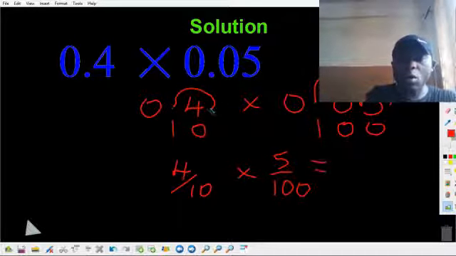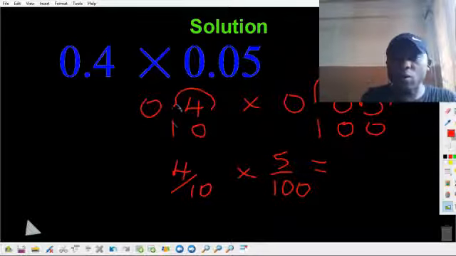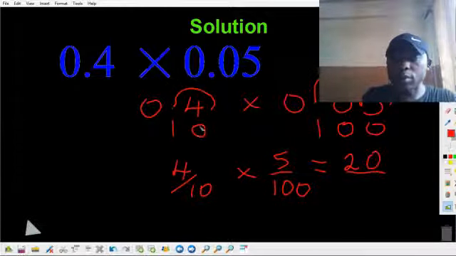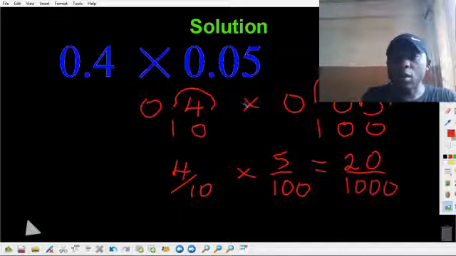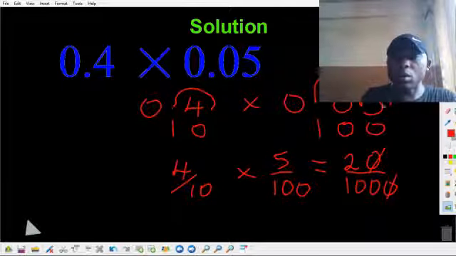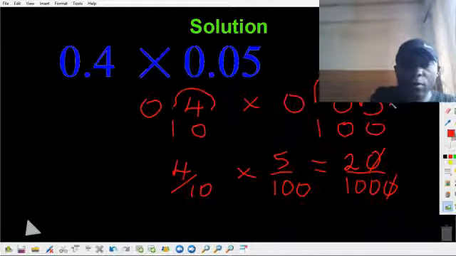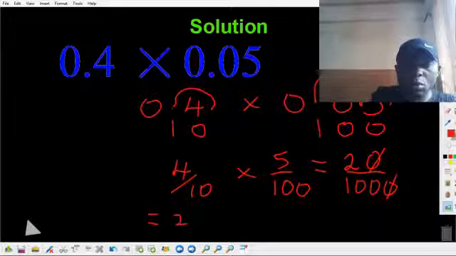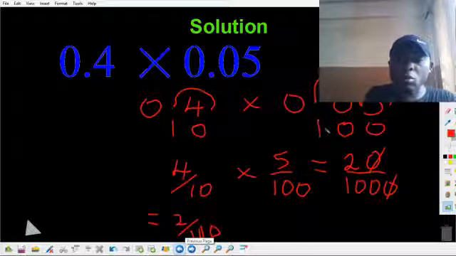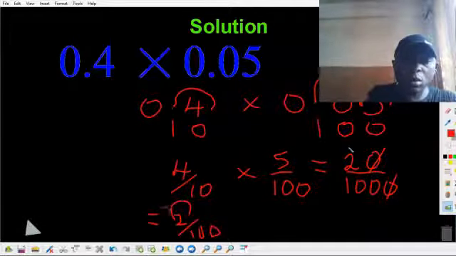Now 4 times 5 will give me 20 over 1000, right? Now we can cut this. 0 cancels 0. Now what do we have here? We have 2 over 100. So we are going to count 2 decimal places, 1, 2, right?